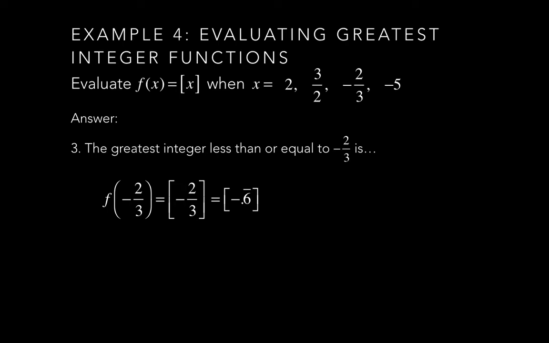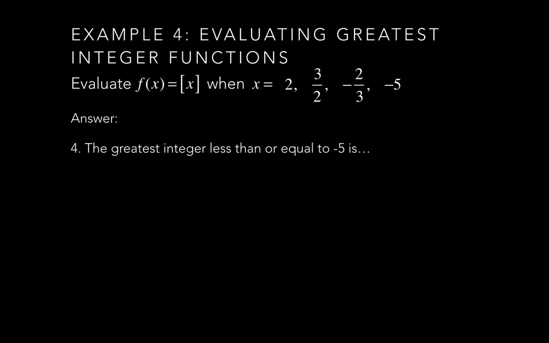Think on your number line, that is just to the left, just less than -0.6. It would be -1. And if you're having a hard time visualizing this, I would encourage you to draw out your number line and plot these points on it, because I think that will help to make it much clearer.